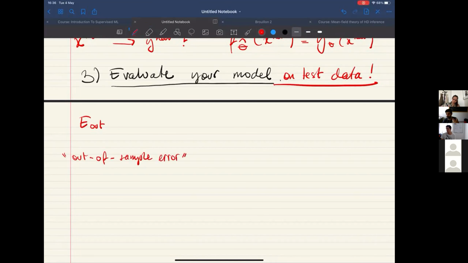Out of sample emphasizes that this is an error related to data that was not used for training. So it's out of the sample you used for training. And so this out of sample error is nothing else than the cost evaluated between the predictions of your model and the true labels in the test data.